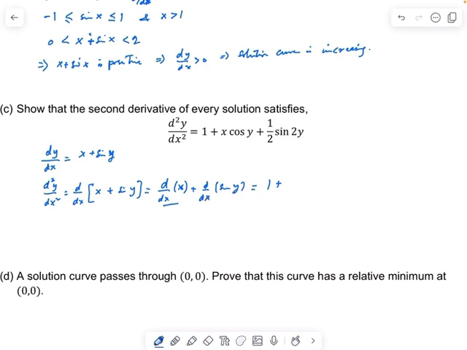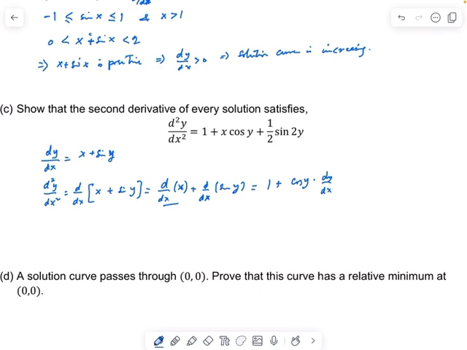So the answer will be, remember, it will be like implicit differentiation. It will be cosine of y times dy by dx. Now remember that dy by dx is only with cosine, not with 1.